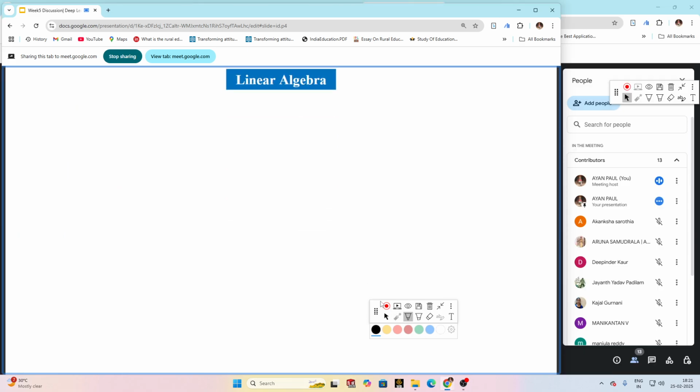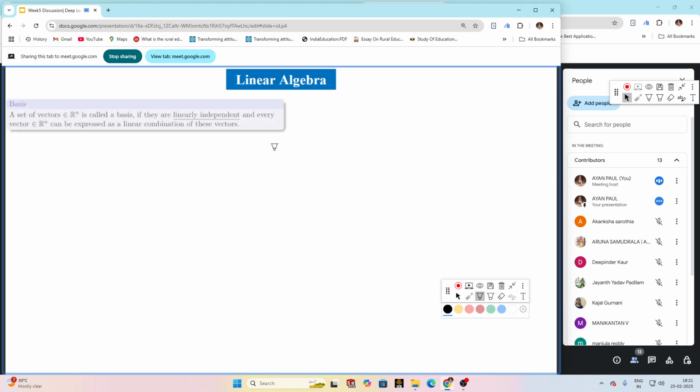Okay, so now we will be revising some aspects of linear algebra. A set of vectors belonging to R n space is called a basis if they are linearly independent, and every vector belonging to this R n space can be expressed as a linear combination of these vectors.